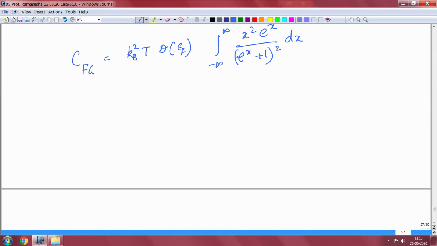This integral can be looked up in a table of definite integrals, and it gives the value pi squared by 3. So I have C Fermi gas is equal to kB squared T divided by 3 into pi squared into dEF.